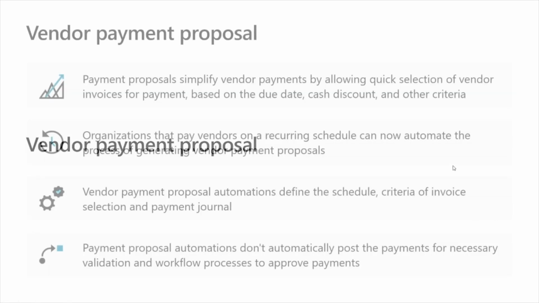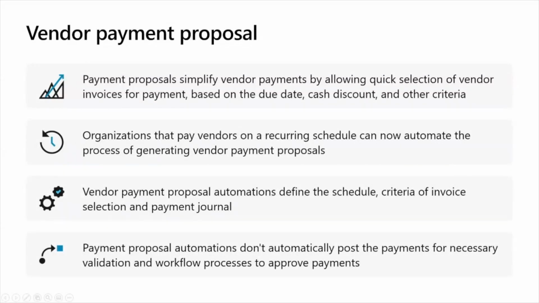This one probably everyone is aware of and has been using as a manual step, right? It has been there since the very beginning of the accounts payable module. But a quick overview again, just a reminder: when the time of payment comes for your vendors, you can traditionally create a payment journal and let the system generate a manual payment proposal.